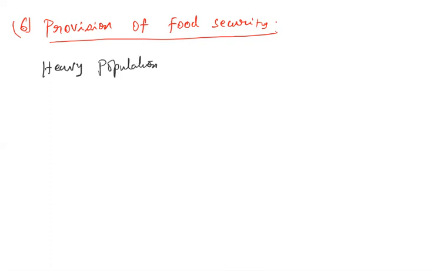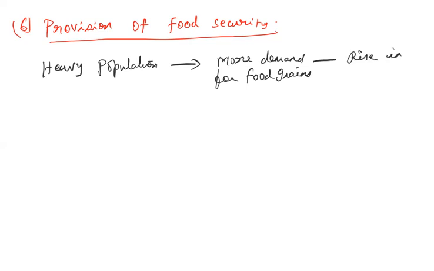So heavy population directly leads to more demand for food grains. So if there is more demand for food grains, automatically there will be a rise in food inflation. There is a rise in the prices of food grains.